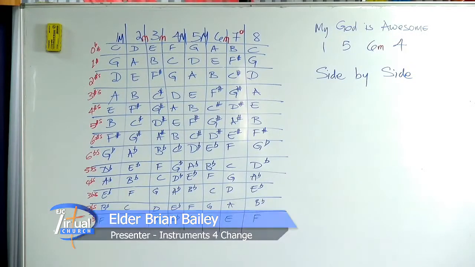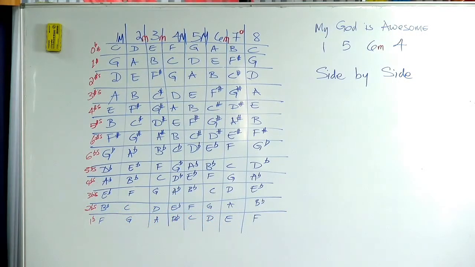Now, this song does not start on the tonic. The tonic, which is the first degree, the first note in the scale, the first chord in the scale. It actually starts on the fourth.